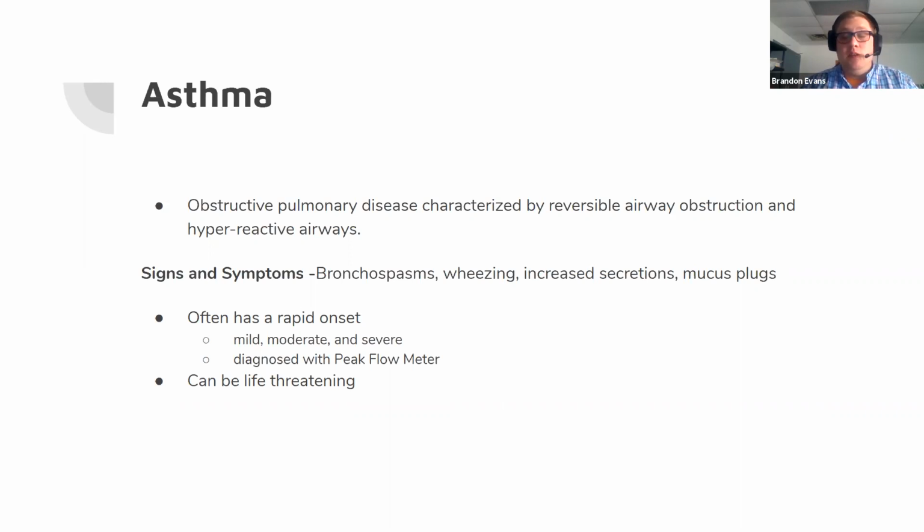This is something that is really underutilized for asthmatics, and a lot of asthmatics that I've come across have never even come into contact with a peak flow meter, and so it can actually be very life-threatening for them if they're not monitoring that, especially if you have a severe asthmatic and they're not monitoring their peak flows on a regular basis.